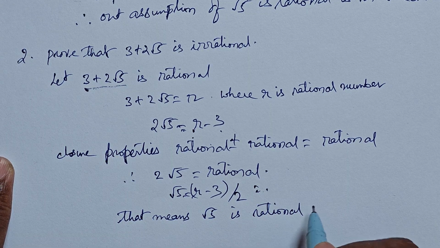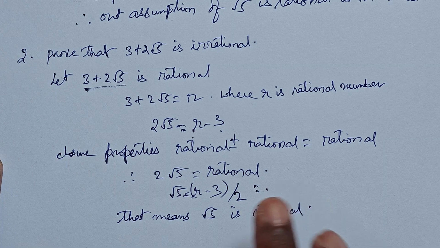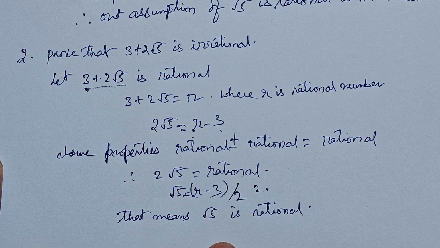But from the previous example, as we are doing only a specific problem, we are trying to immediately refer to the previous problem and say that we have previously proved that root 5 is irrational. But what will be the scenario in your program?